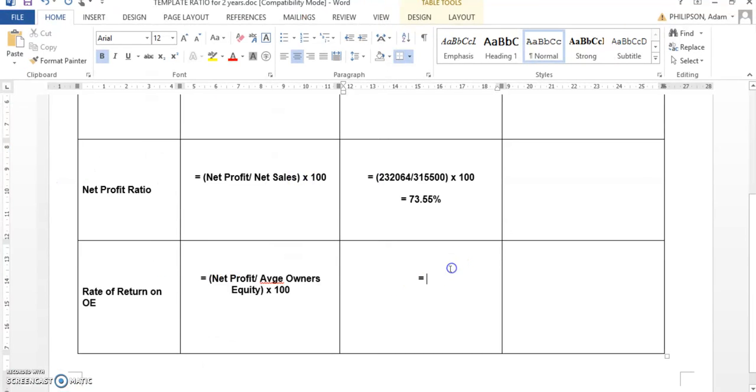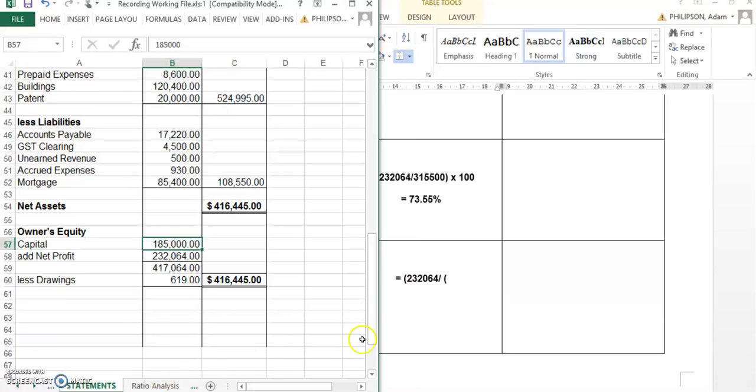Okay, so we've got 232,064. Let's get this bracket happening. Over, another bracket. Just write this down because I'm switching screen because I'm videoing.